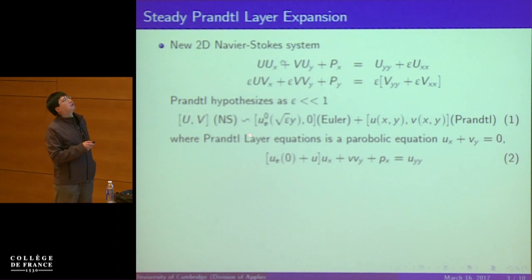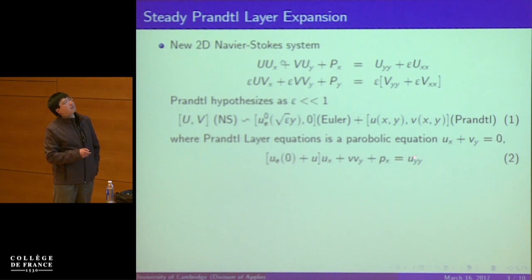So in the context of shear flow, Prandtl theory just asserts that the real flow can be decomposed into Euler flow plus something called boundary layer flow. This was invented by Prandtl, where the Prandtl layer equation is given by this.